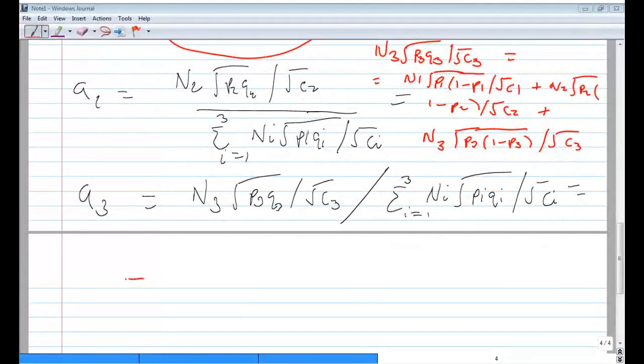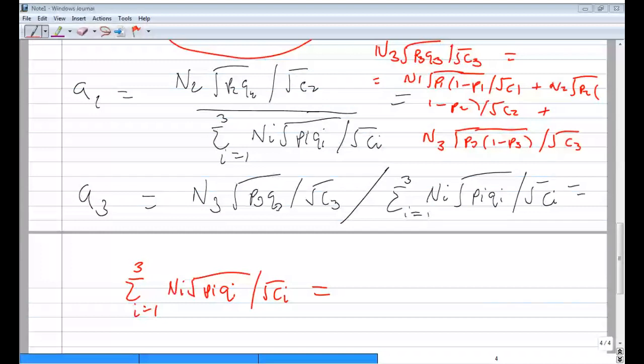What you are saying is the summation, i ranging from 1 to 3, of ni square root of pi qi divided by square root of ci is equal to what? 41.241. Yeah.